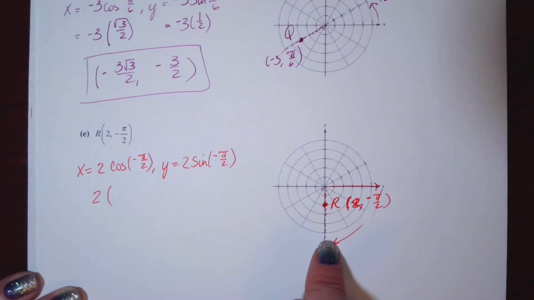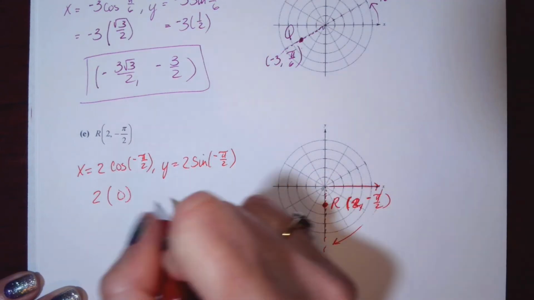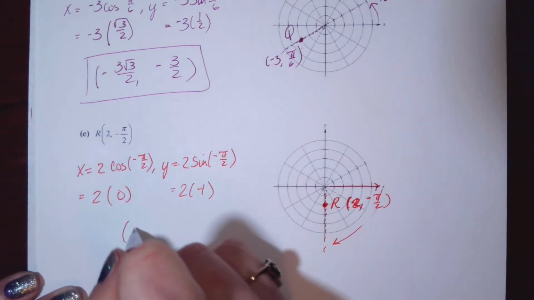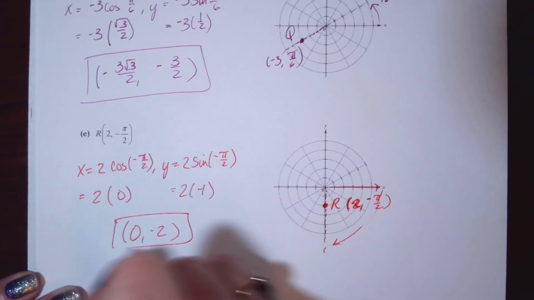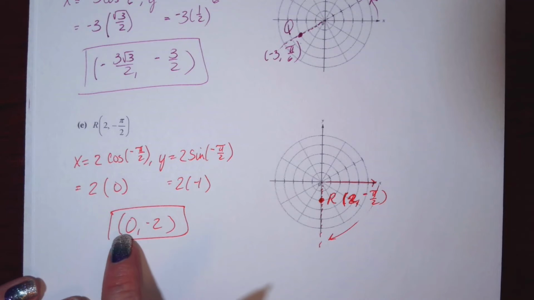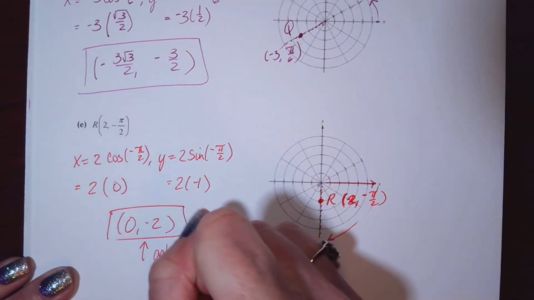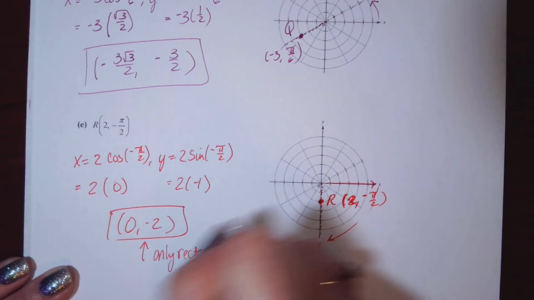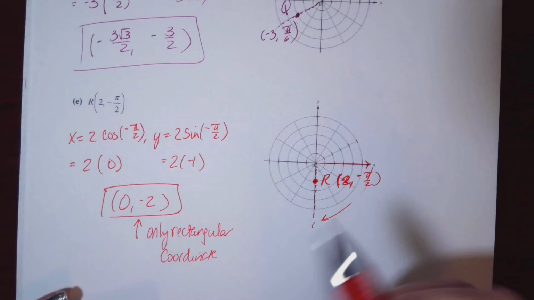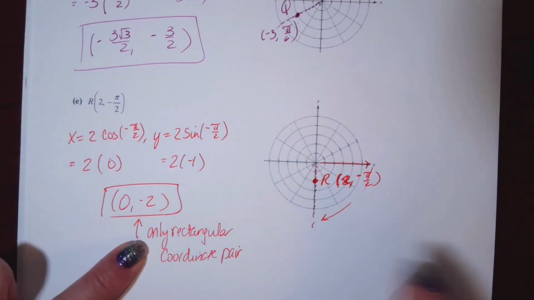It's going to be (0, -1). So the rectangular ordered pair that would mark this point is going to be (0, -2). This is the only rectangular coordinate on the rectangular coordinate system that will locate this point.